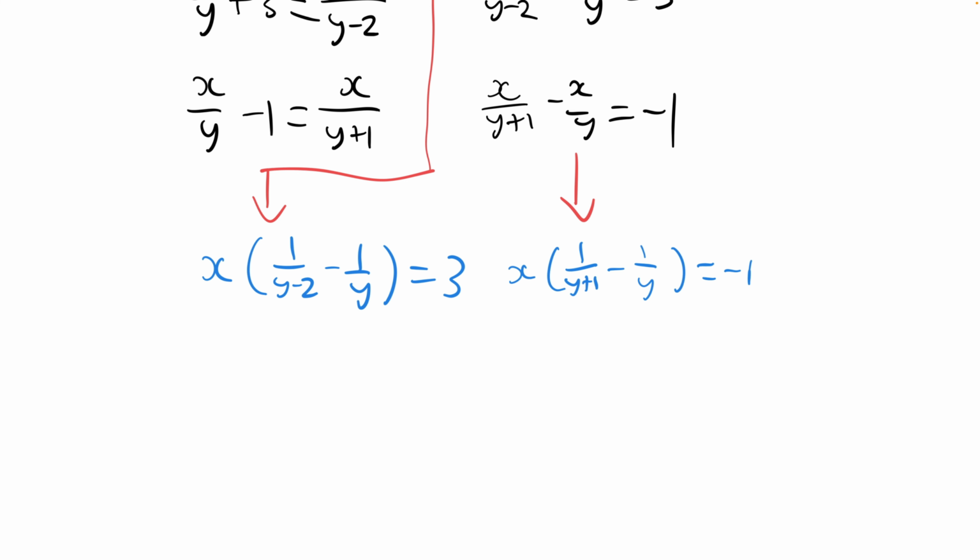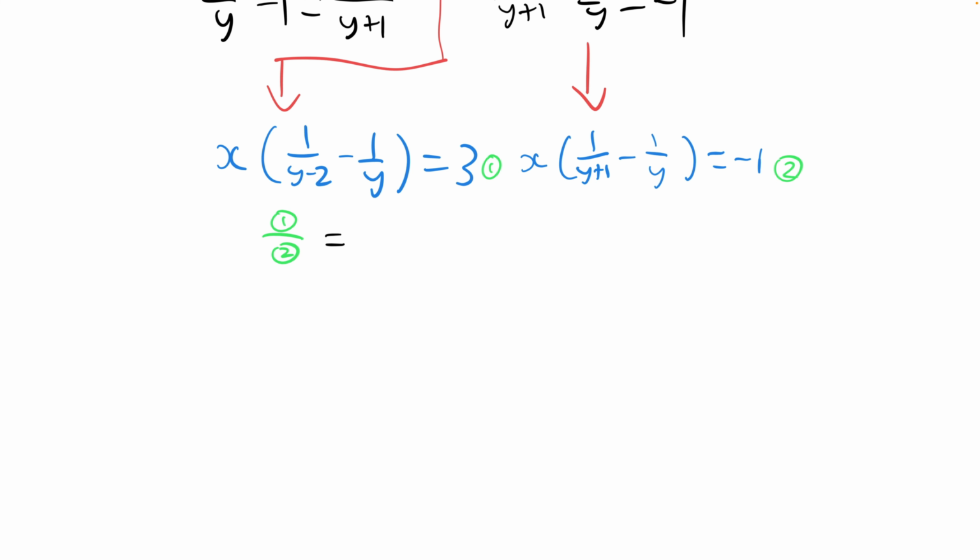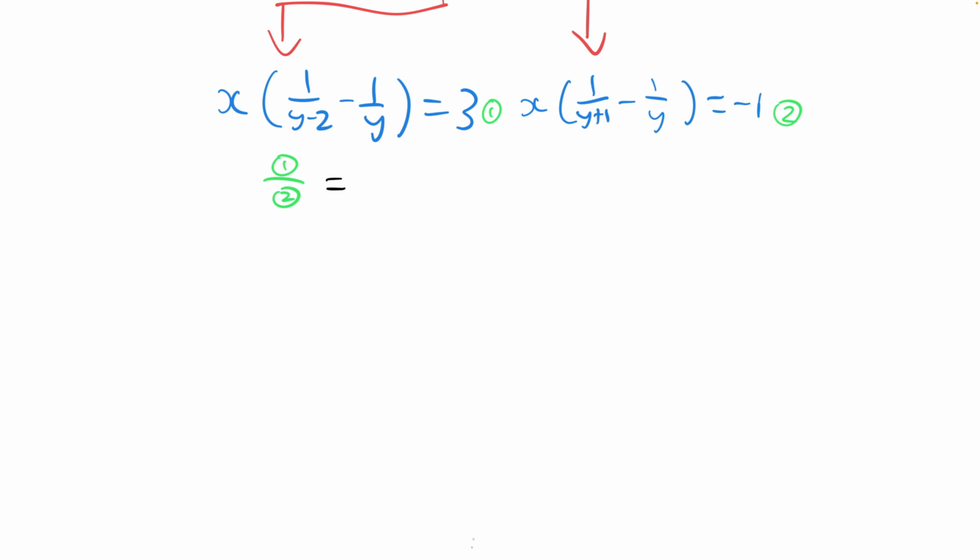Now what we can do is use ratios. Basically, we divide number 1 by number 2. Since we're dividing x by x, they cancel, so we're just left with the things inside the brackets.